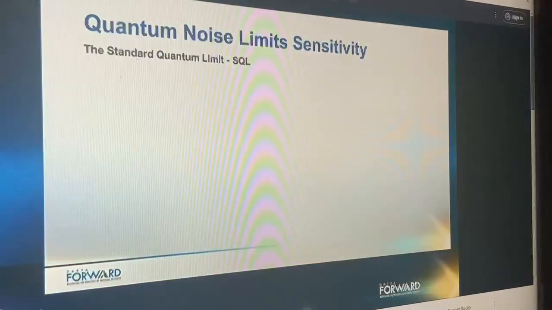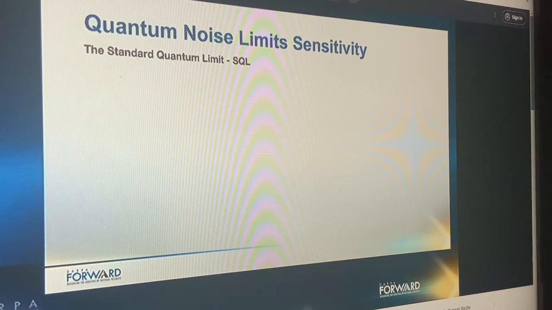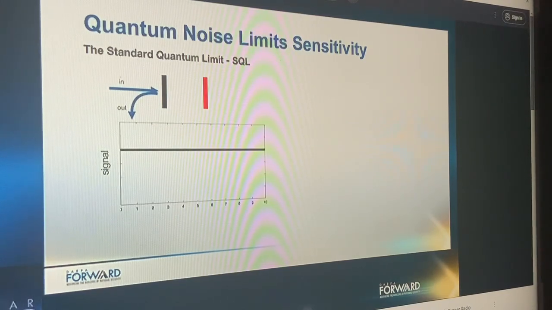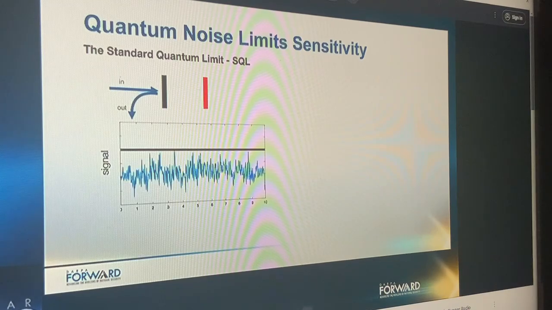sensitivity. So all sensors, both LIGO and the ones in your phone, if you use them in a naive way, they're fundamentally limited by something called the standard quantum limit. So, for example, if I'm trying to sense the position of this red block here, my instrument will result in a voltage that looks like this.